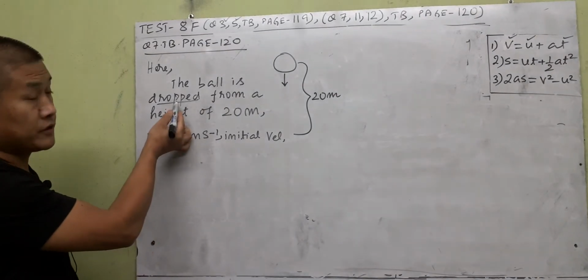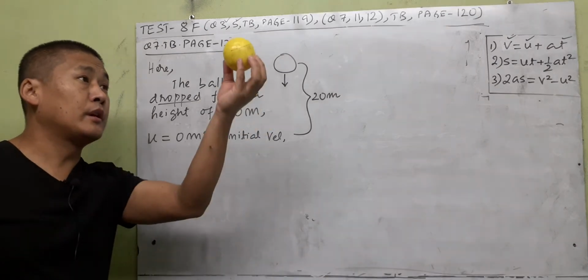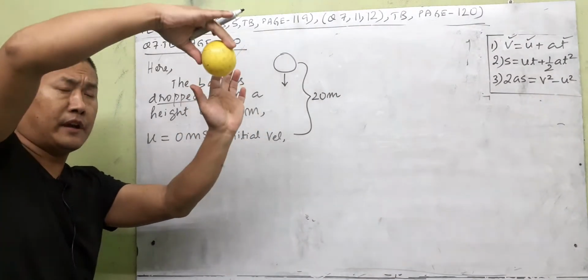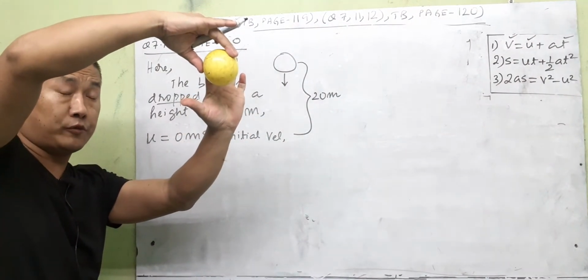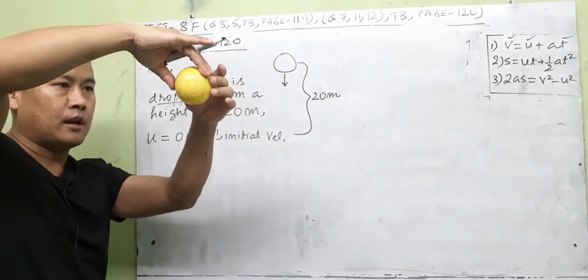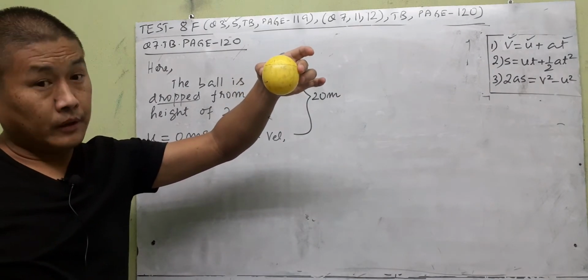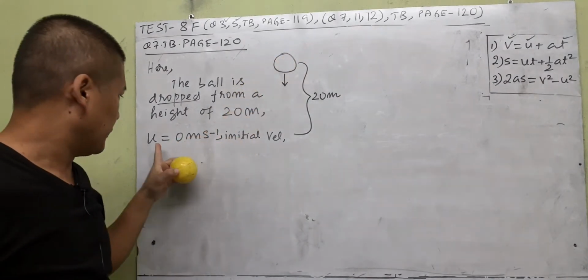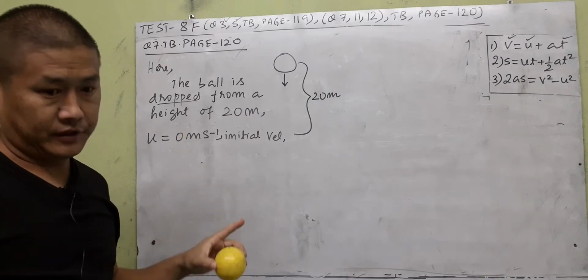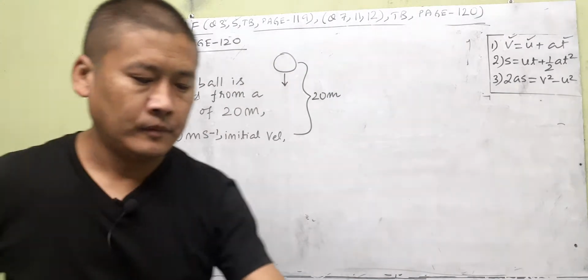If it was thrown upwards, then at the highest height the final velocity v would have been 0. We discussed it in the last class. But today it is being dropped, so just before being released it was stationary. So u is 0 for any object that is dropped, like this ball.